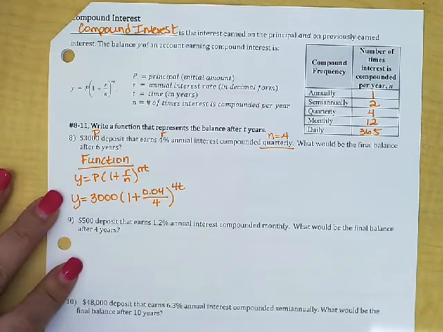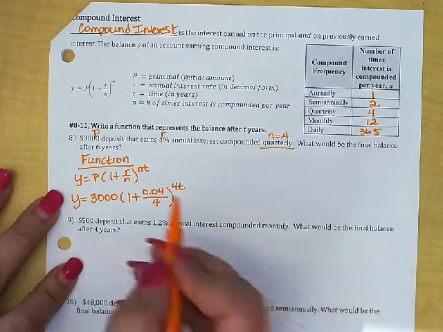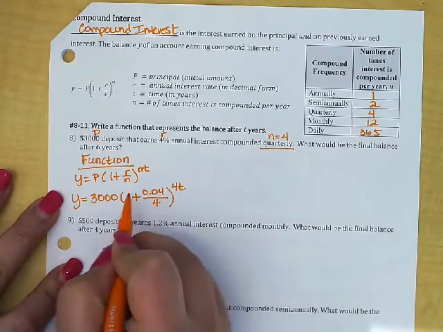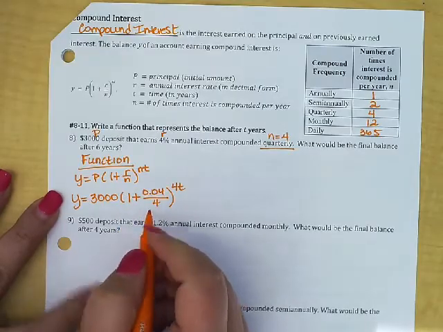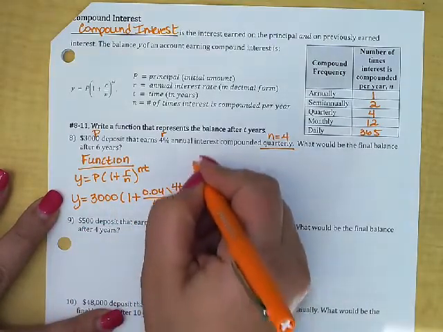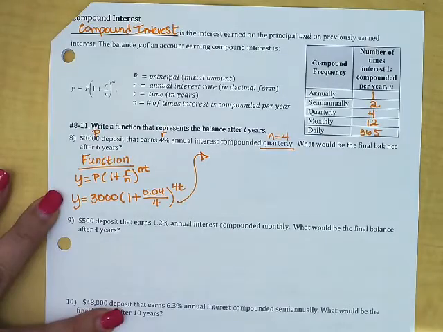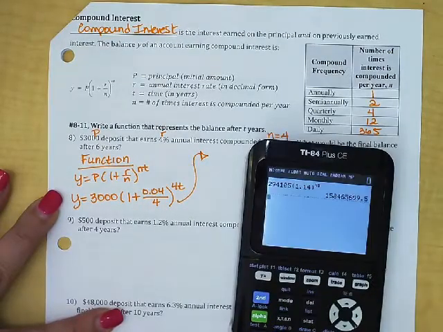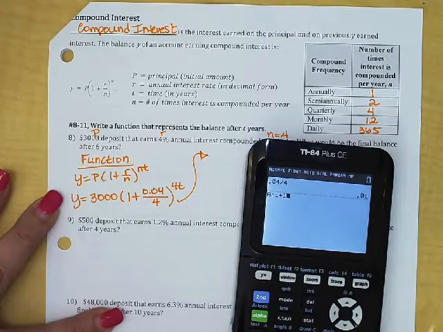Now I do want you to clean this growth factor up. So before you box your answer, go ahead and take that and clean it up a little bit. So maybe we'll come over here, we'll find out what is 4% divided by 4, and then add a 1 to that.